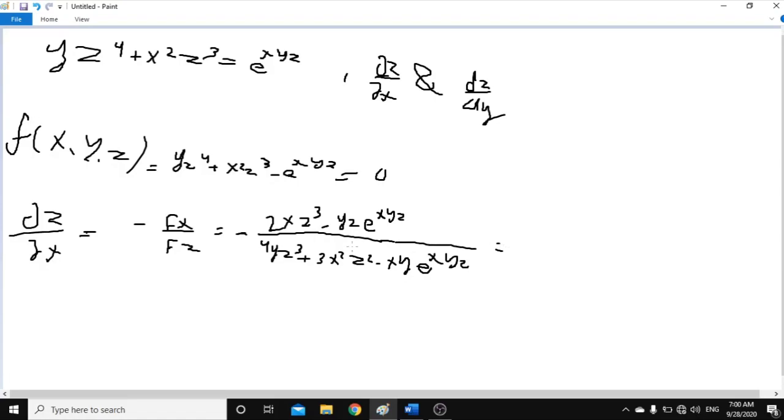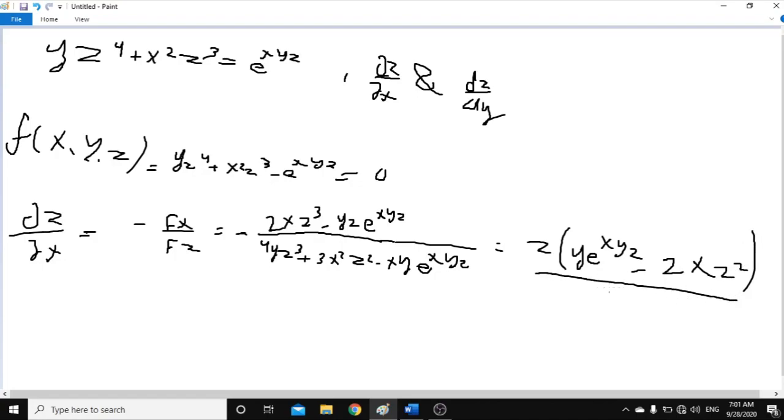Last thing, we can take a z out from here. What's going to be inside is y times e to the x y z, minus 2x times z square, and then over the same denominator.